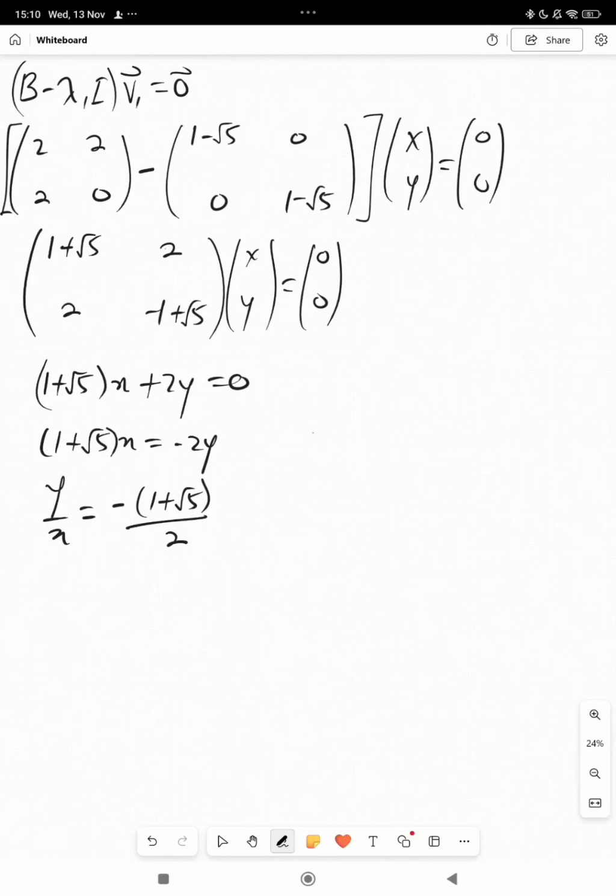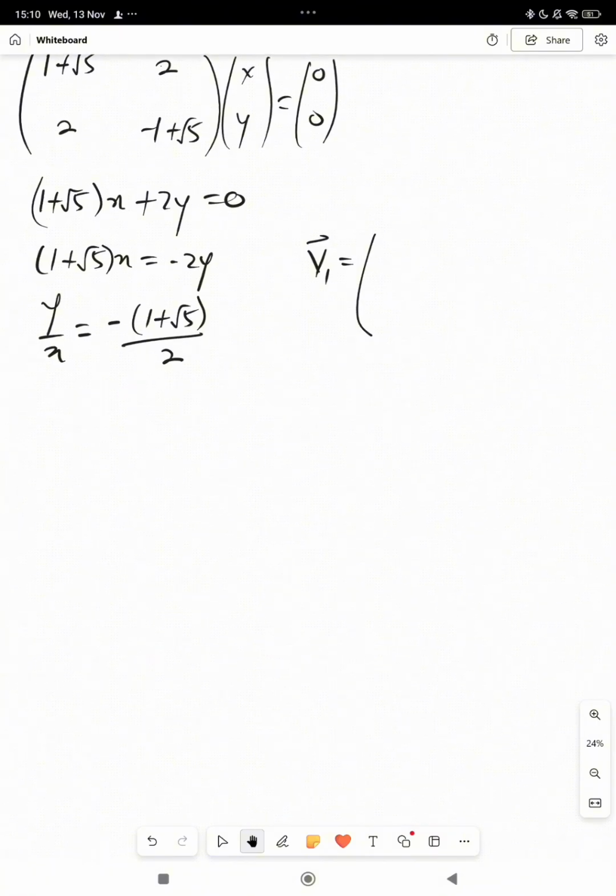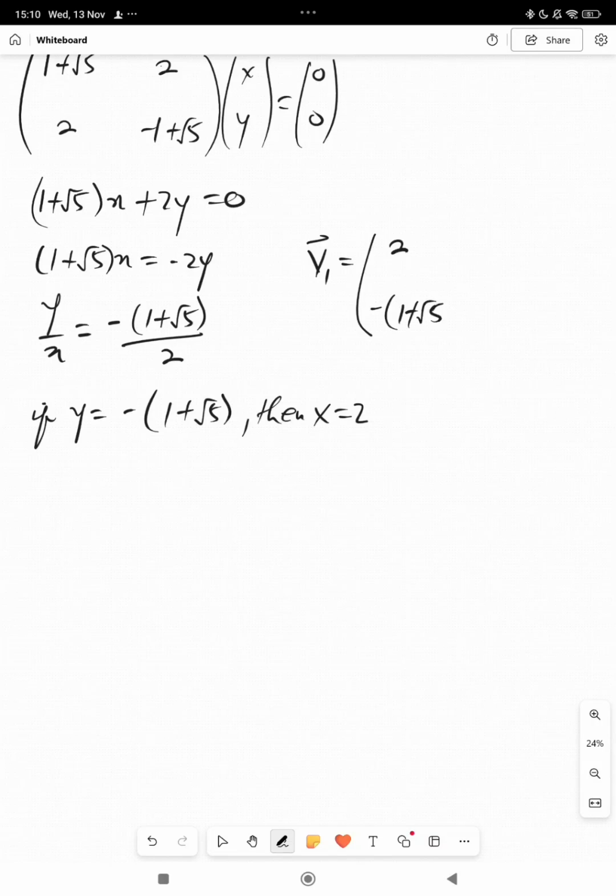So we have our V1 equal to, let's conclude first. If y is equal to minus 1 plus root 5, then x will be equal to 2. So x is 2 and y is minus 1 plus the square root of 5.